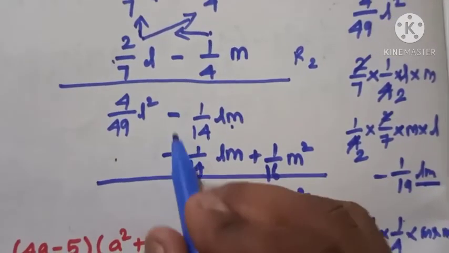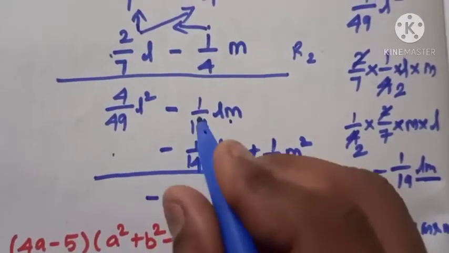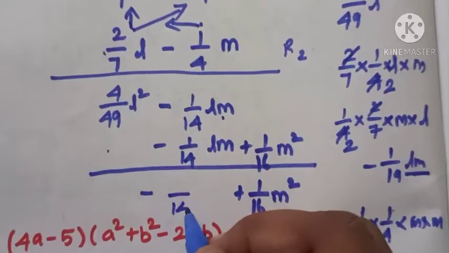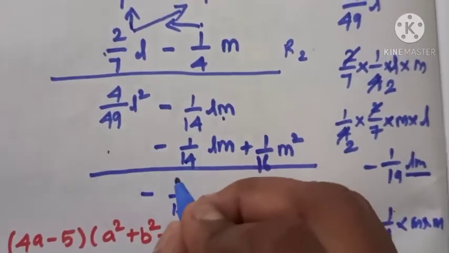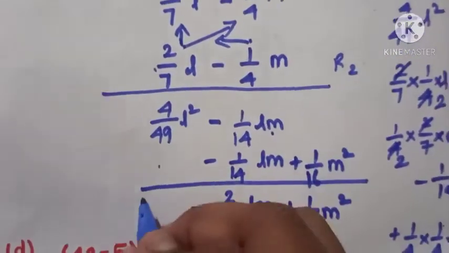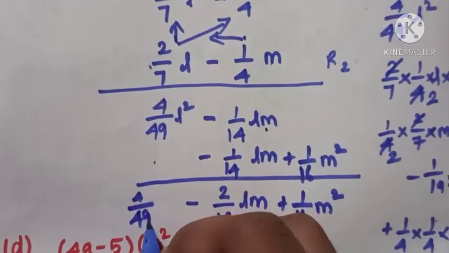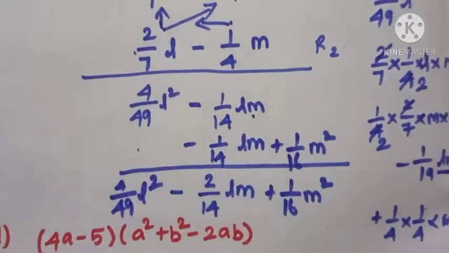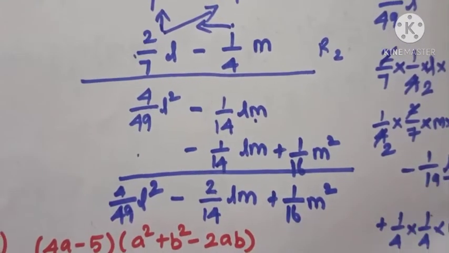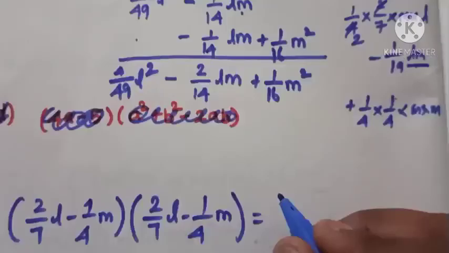Here both the symbols are the same. You need to add. If you add, the denominator is common, we get 14 as a common denominator. 1 plus 1 is 2, LM is the variable, and here 4 by 49 L square. So now you can write it in order.